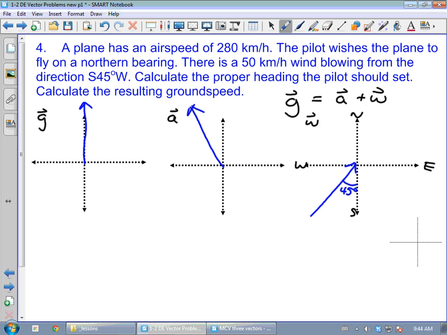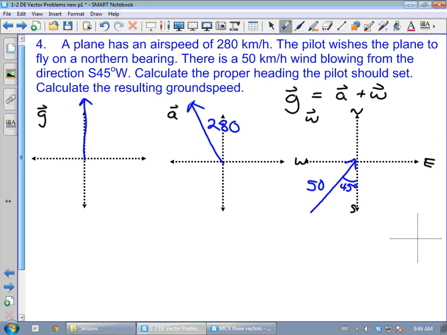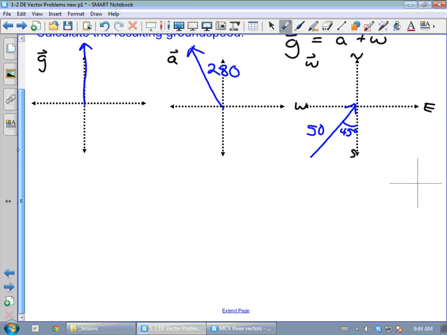So we don't know exactly what this direction is, but we kind of know what it is, and we know that it has a magnitude of 280, and our magnitude over here is 50. So that's enough that we can start trying to put together our vector diagram here.